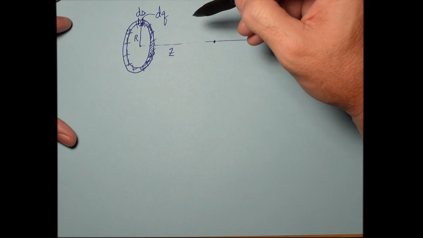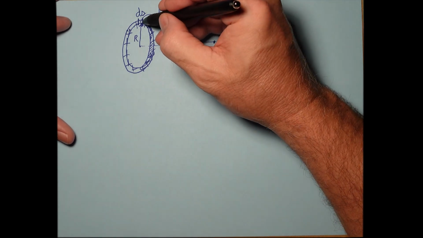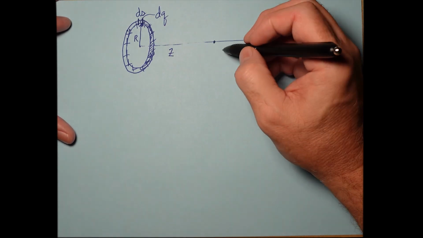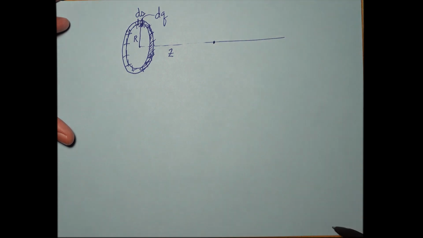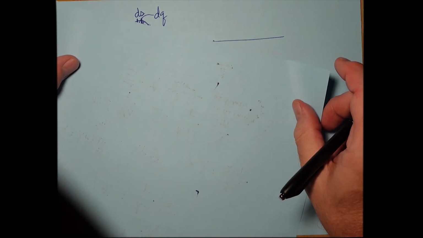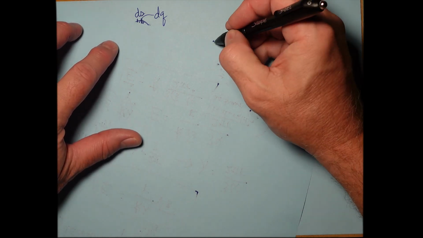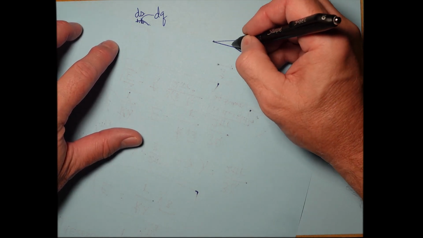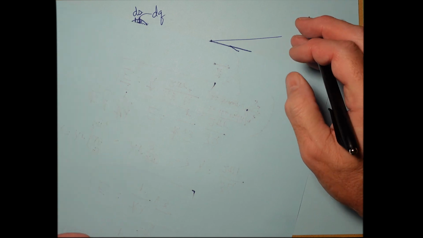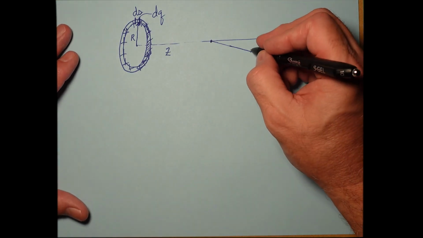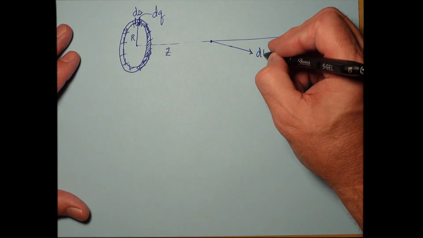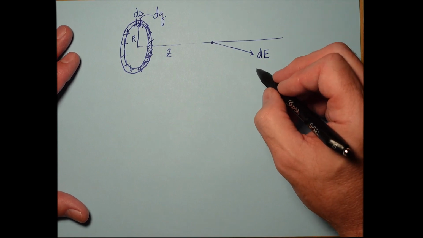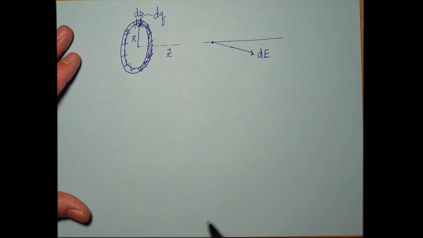And since this is positive, that charge is going to create an electric field that points kind of downward in this direction. We'll draw that. That's our electric field component dE from that little charge segment at the top.